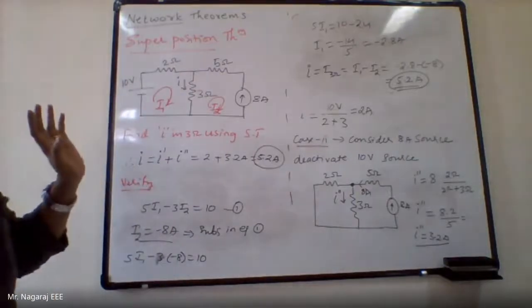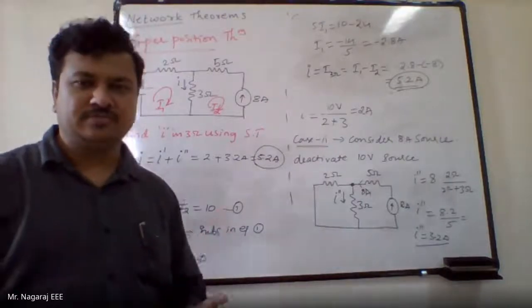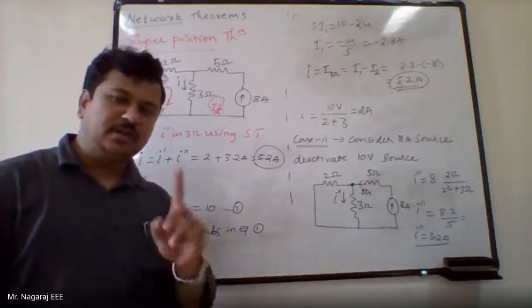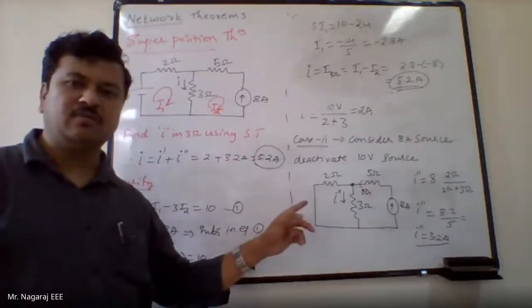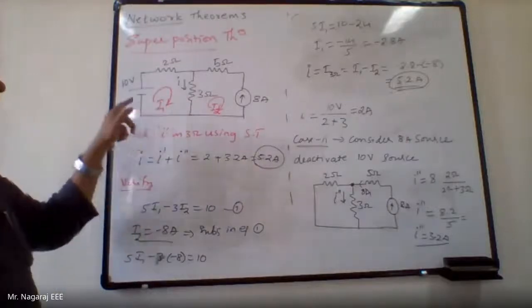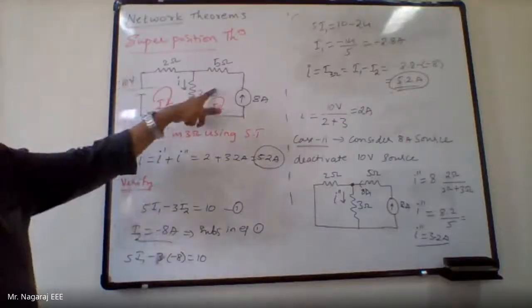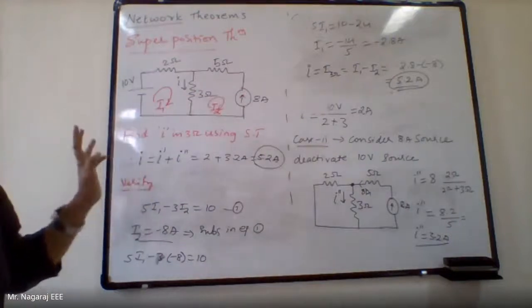If you want to understand what a unilateral circuit means, take the example of a motor. A motor is a unilateral circuit because current will flow from source to motor, but not from motor to source. Whereas in this circuit, current can flow from the 10 volt, 2 ohm source into the circuit and also from the 8 ampere source into the circuit. So this is a bilateral circuit.